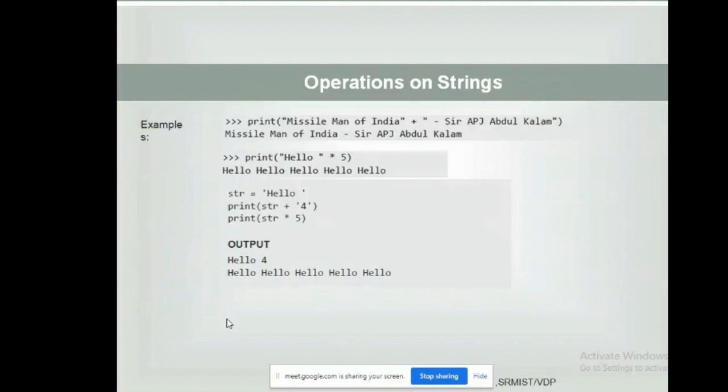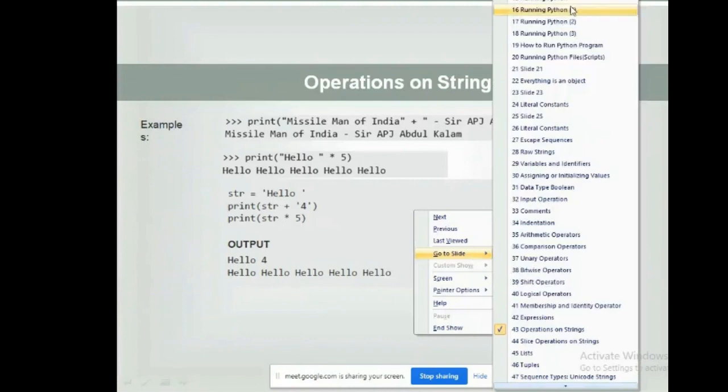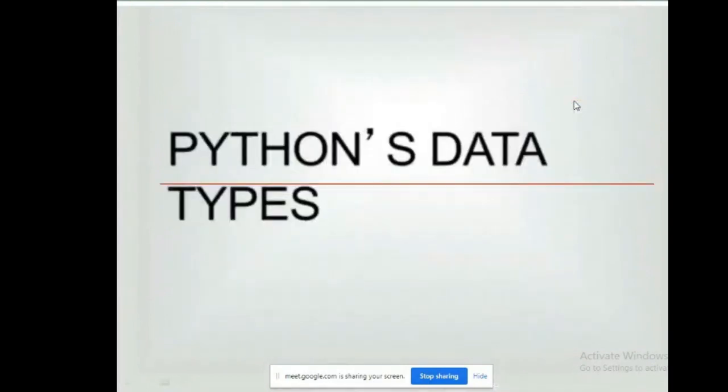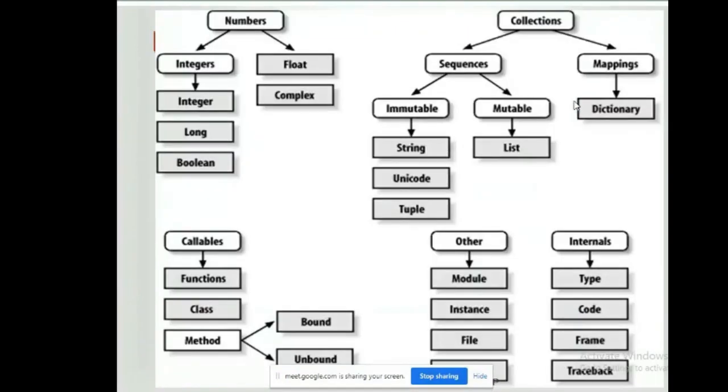Before getting to decision and looping structures, let's get back to our basic multiple value data structures. We have discussed the first data types, no? In that, numbers are over.